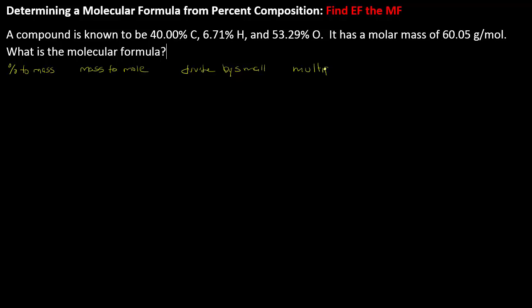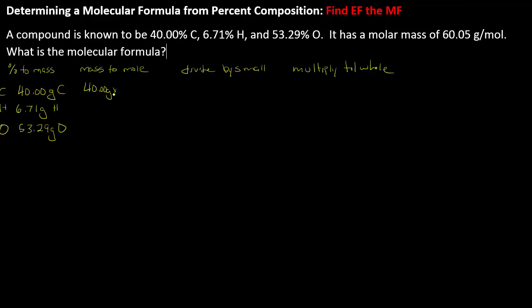So, to find the empirical formula, percent to mass, mass to mole, divide by small, multiply till whole. So I have carbon, hydrogen, oxygen, 40 grams of carbon, 6.71 grams of hydrogen, 53.29 grams of oxygen. Convert all of these to moles.